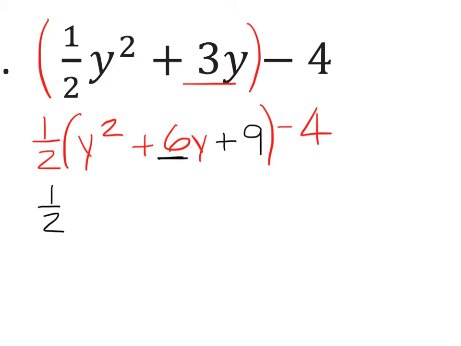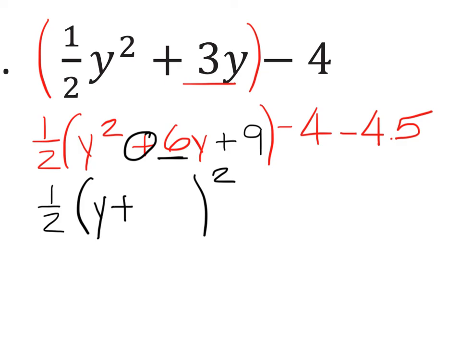So we must subtract 4.5 out here. And then we're ready for 1/2 times the quantity squared of y plus 3. Close the quantity, and then minus 8.5.